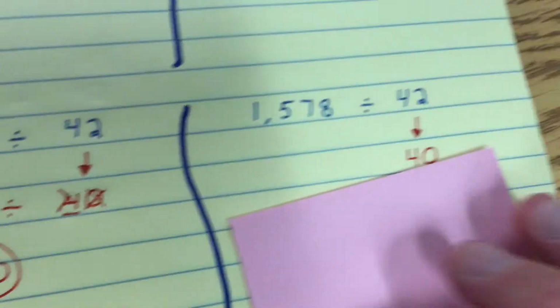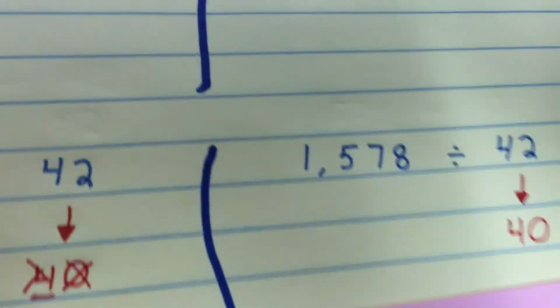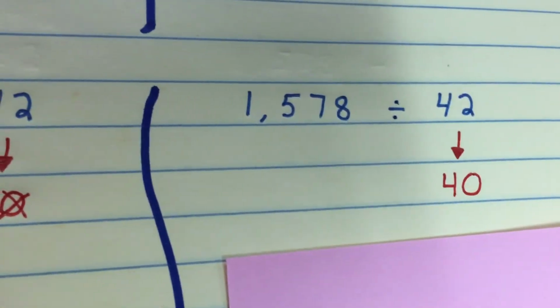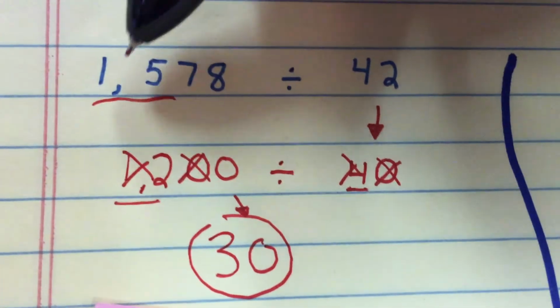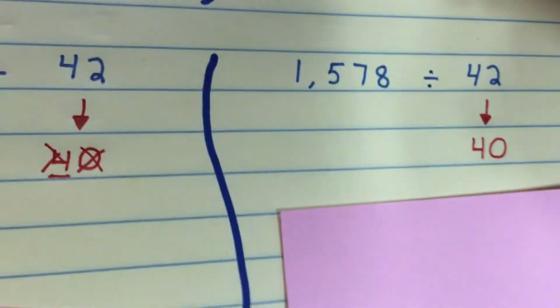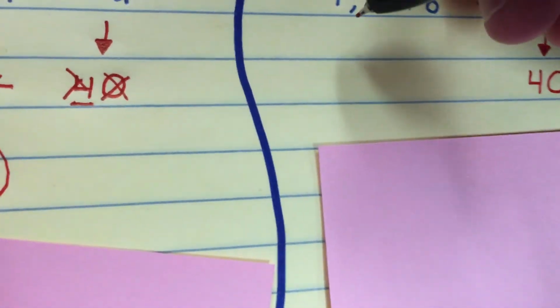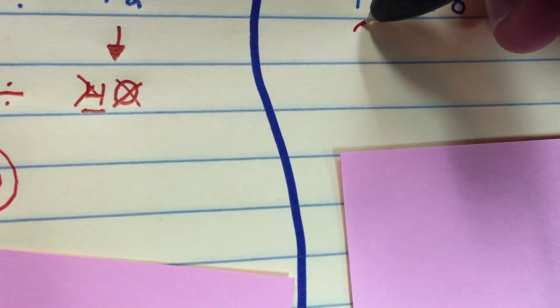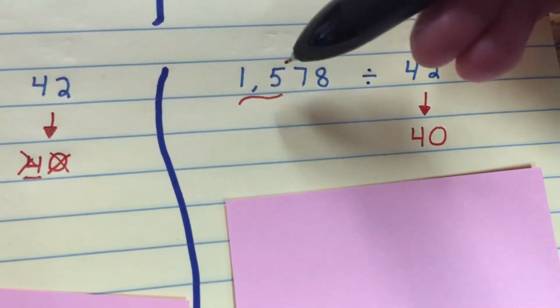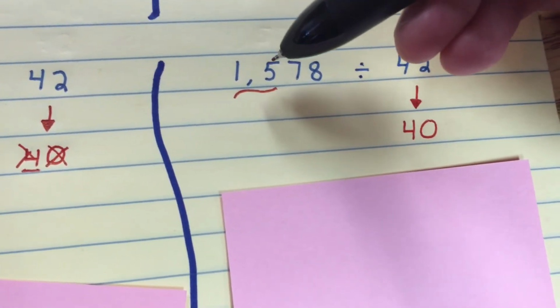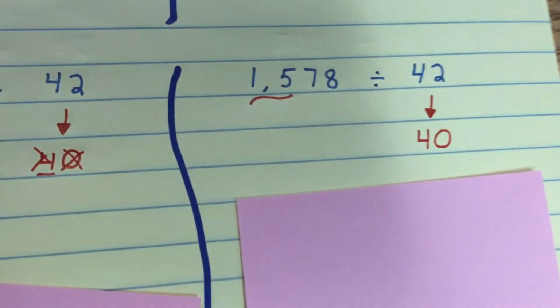Good. Now let's look over here and try to find our second estimate. So we were able to find 4 times 3, which is 12, which is near 15, but we don't want to use the same estimate. So focusing on the first two digits of our dividend, 4 times what gives us close to 15?